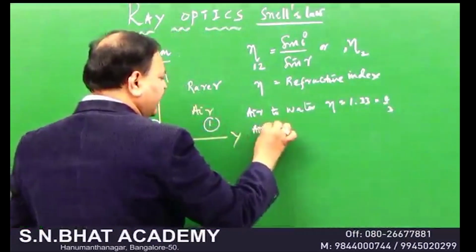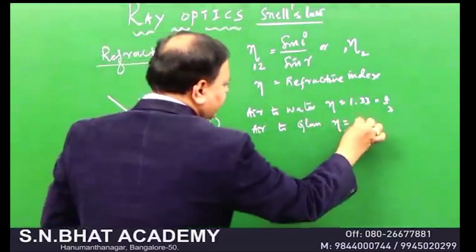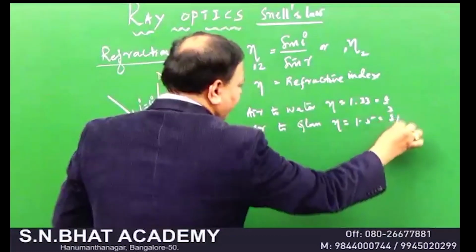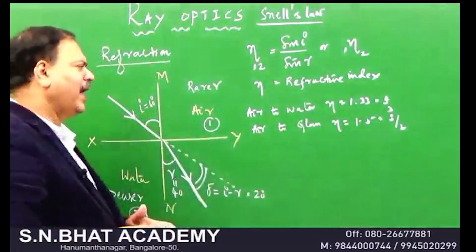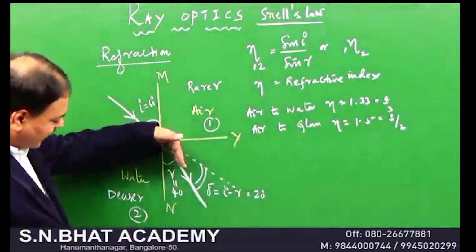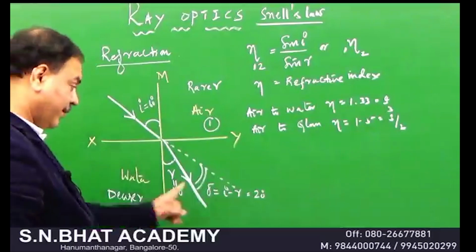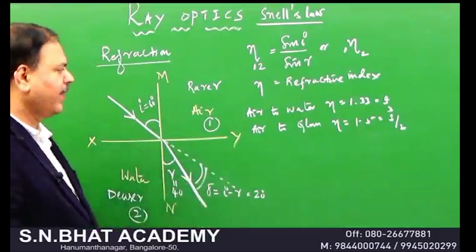When light passes from air to glass, the refractive index is 1.5, which is 3 by 2. What does it mean? Glass has a higher refractive index, so glass bends the ray of light more compared to water. You remember that, that's very important.